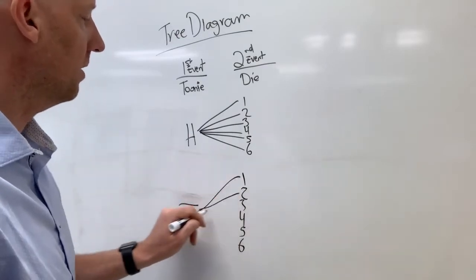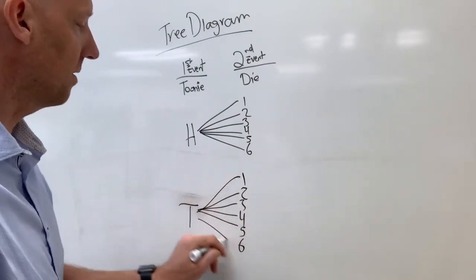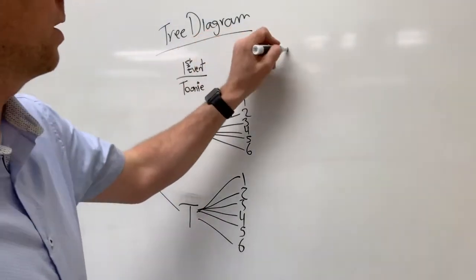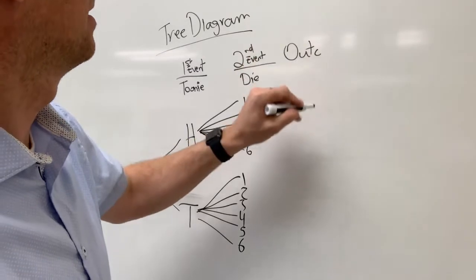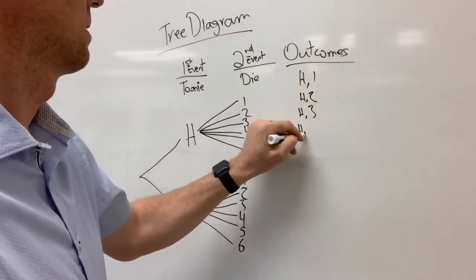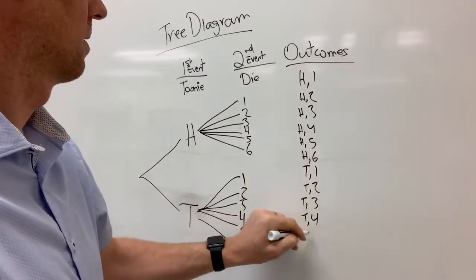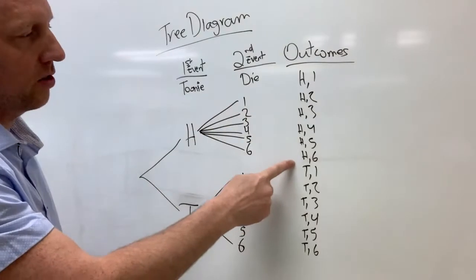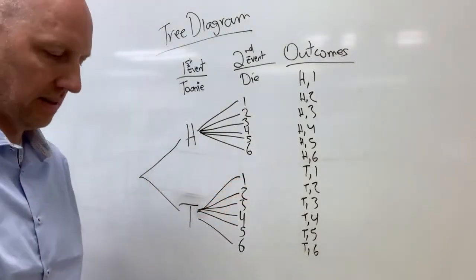You'll notice this is called a tree diagram because of all these little branches that are created here. So these branches show all the outcomes. And then our last column is the outcomes, and we will list them. So here we have all the possible outcomes listed. H1 through H6, T1 through T6.